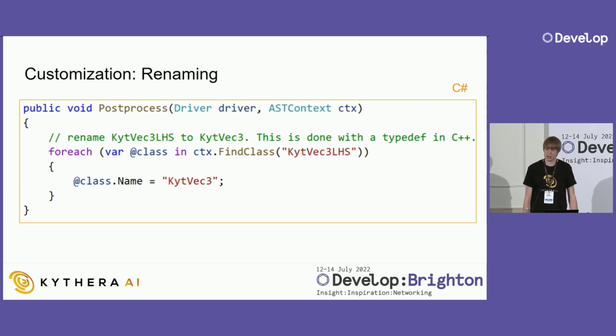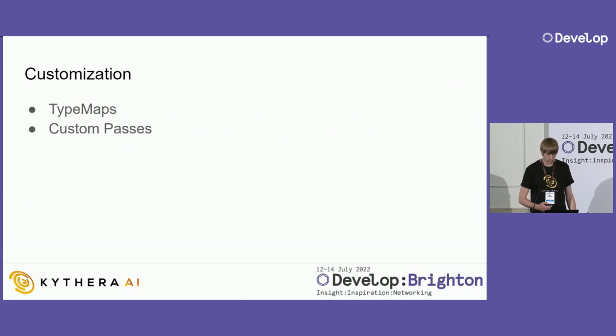Because typedefs aren't really a thing in C#, we are just renaming whatever class we want as the canonical one to the real name. So we renamed the kitvec3 LHS to kitvec3. Because we are still in memory, this will update all the references, and there is not much more necessary to make this work.